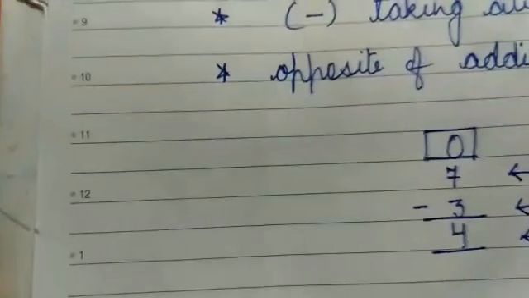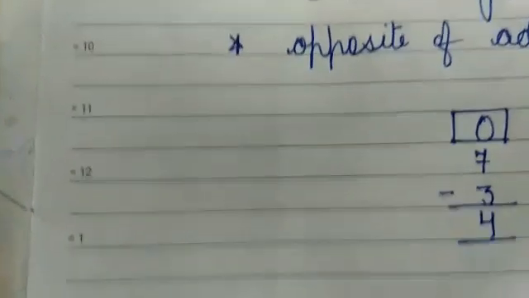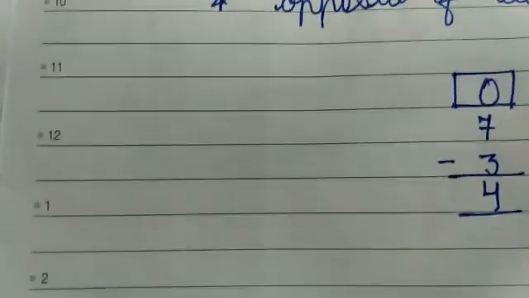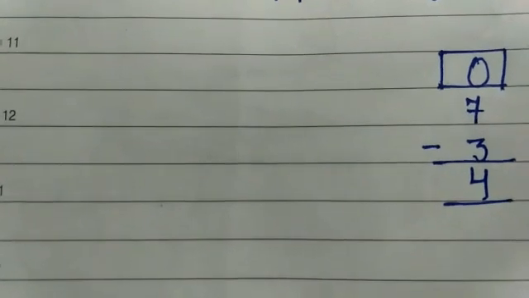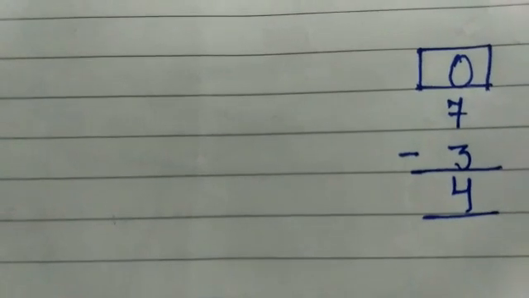Here it's written 7 minus 3 is equal to 4. Let me introduce 3 important persons of subtraction.